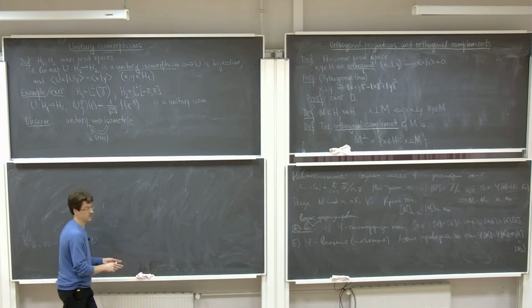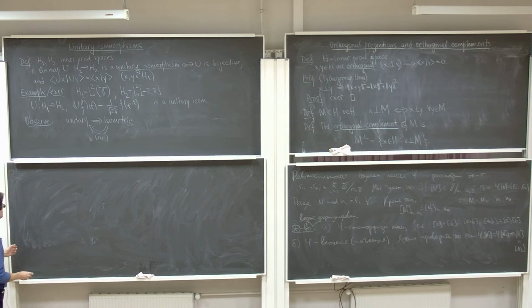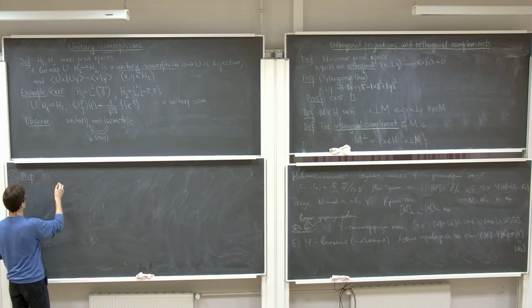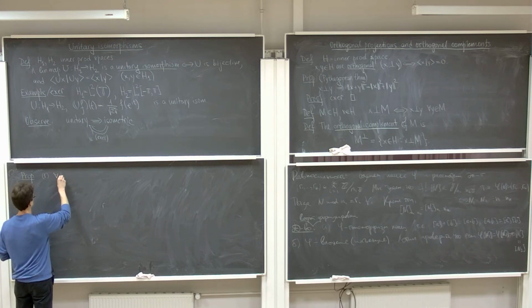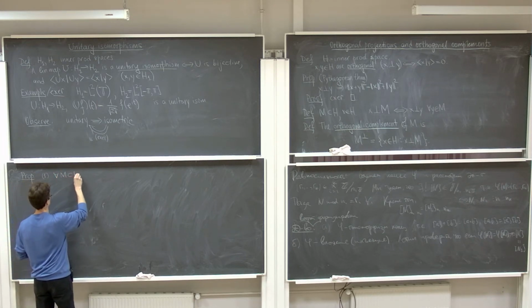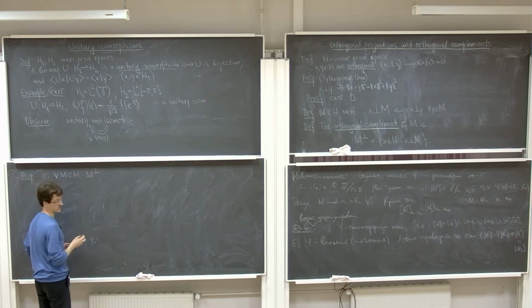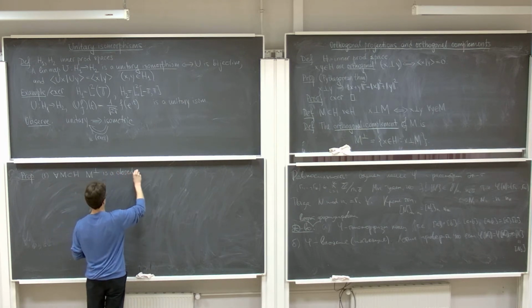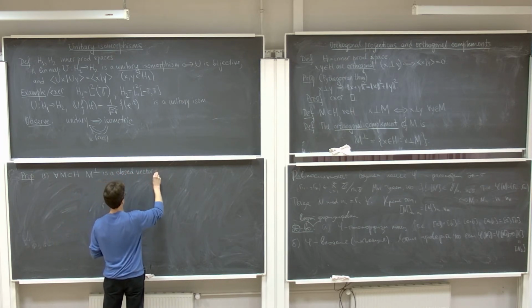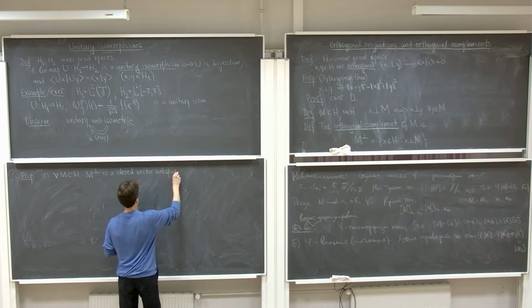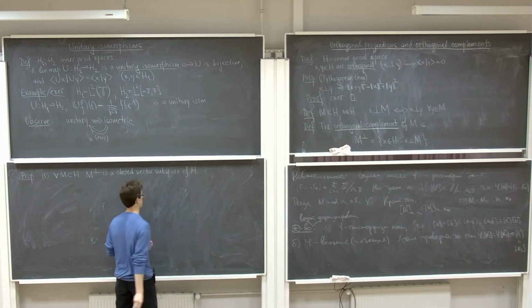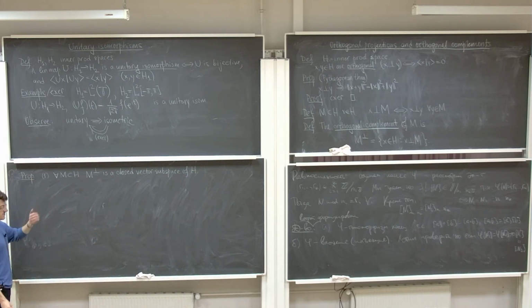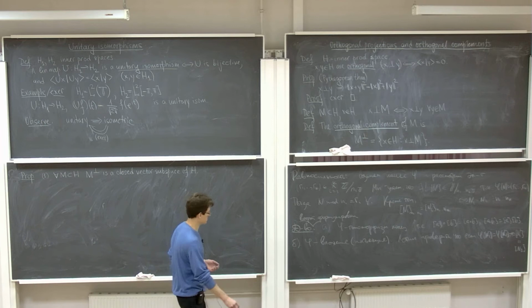Well, let's now look at some simple properties of orthogonal complements. We have the following proposition. First of all, we observe that the orthogonal complement of any subset of H is a closed vector subspace of H. Well, indeed, it's a vector subspace because of the algebraic properties of the inner product.